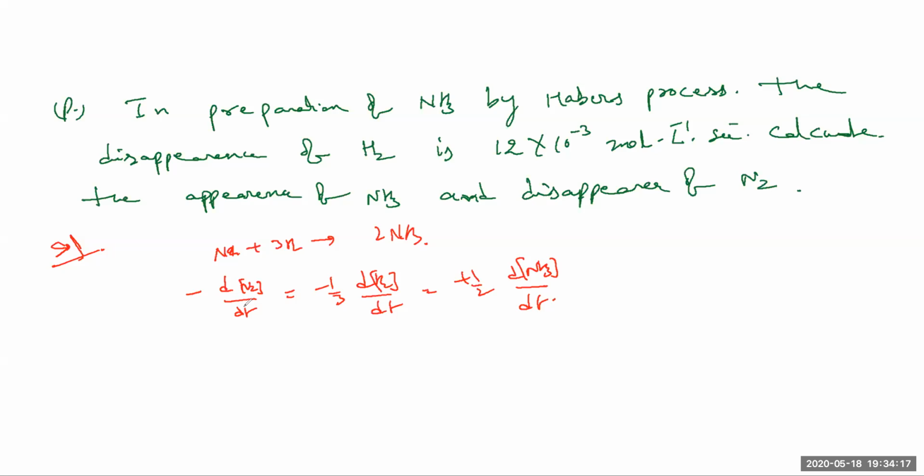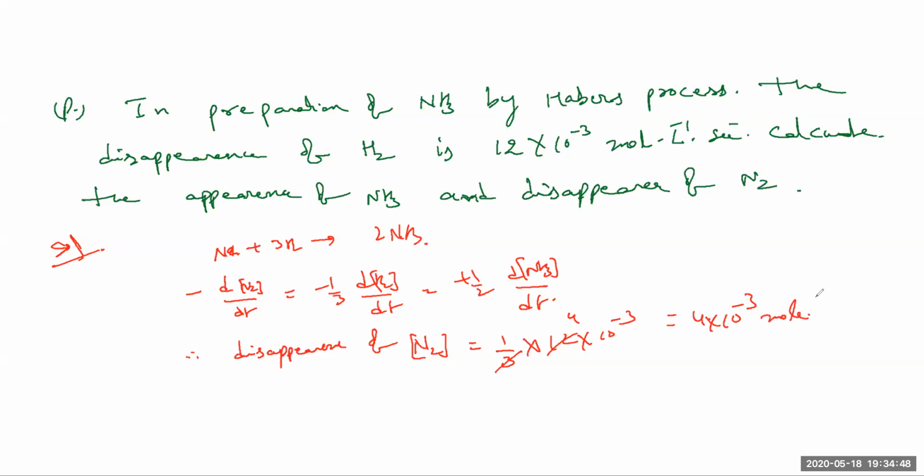Therefore, the disappearance of N2 is 1 by 3 into disappearance of hydrogen. Disappearance of hydrogen is given as 12 into 10 power minus 3, so it is 4 times 10 power minus 3 mole per liter per second. Correct?